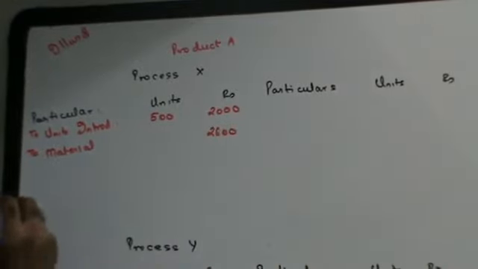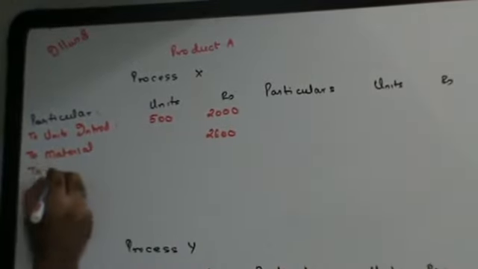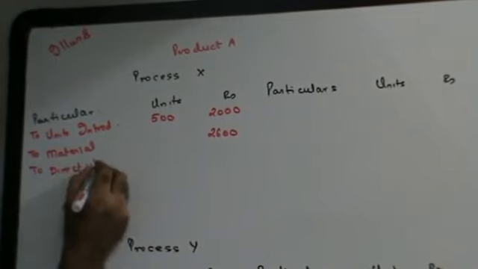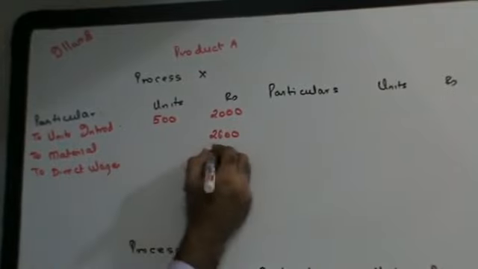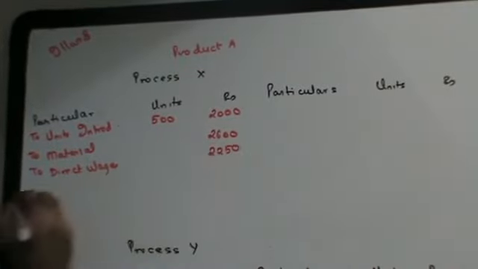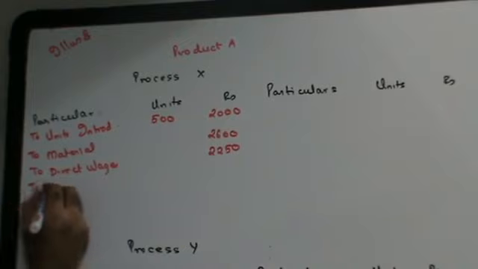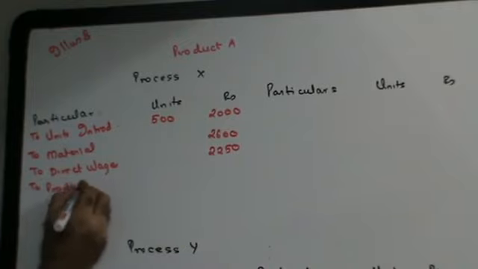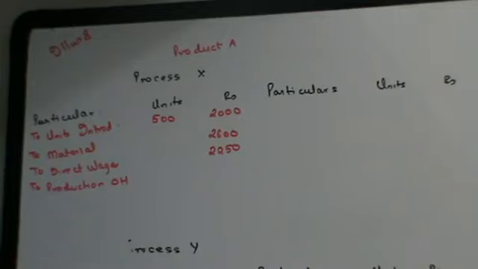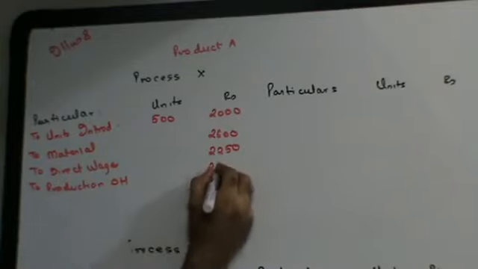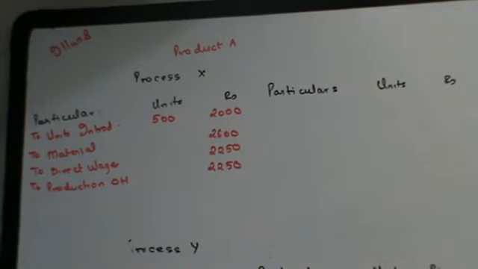Next, to direct wages is 2250. Then you have production overheads. Production overheads is also 2250, right?